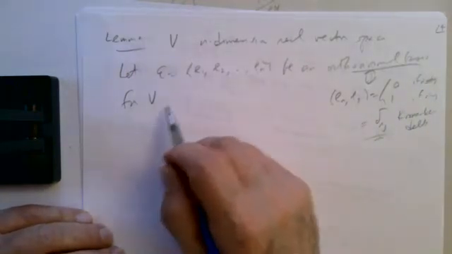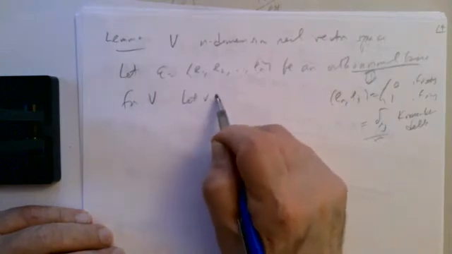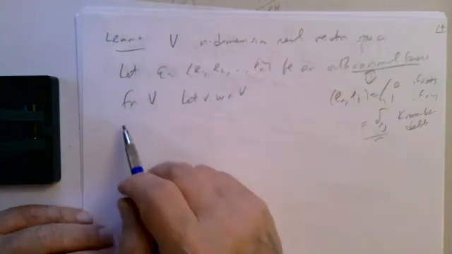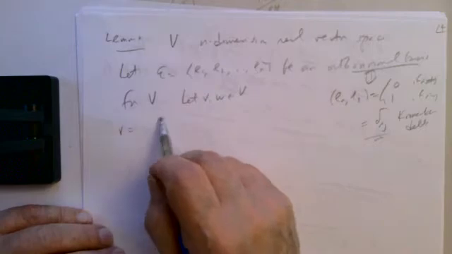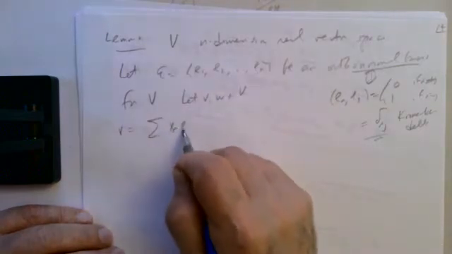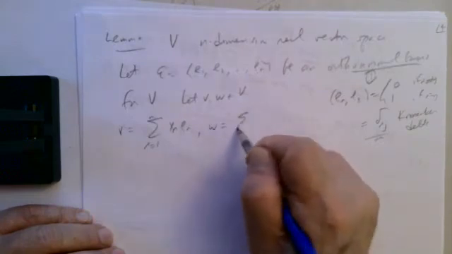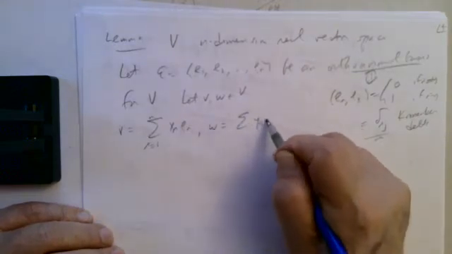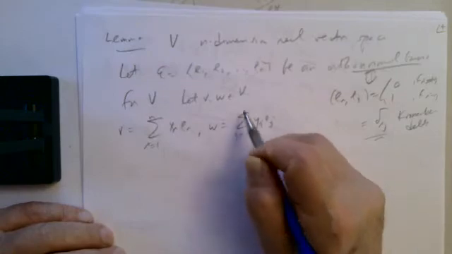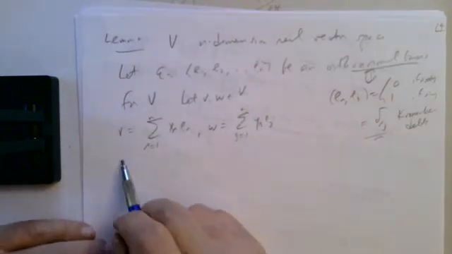So let v and w be in V. v is some linear combination of the basis vectors, and w is some linear combination of the basis vectors.